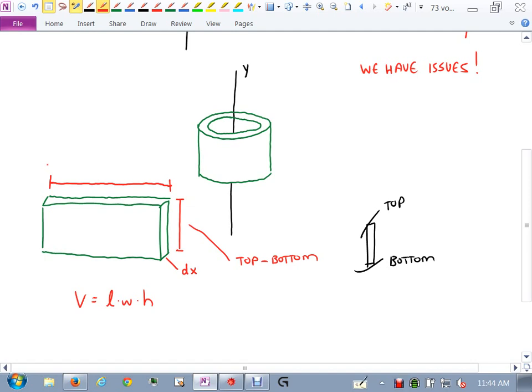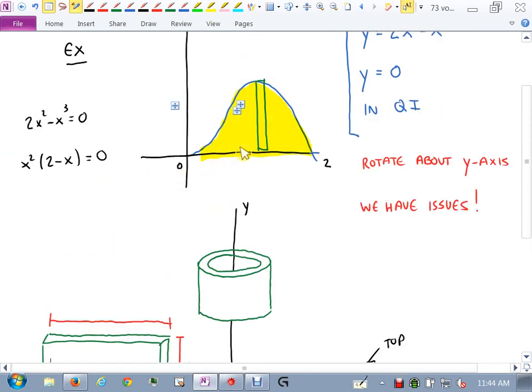We have to be extremely careful here, though, because our circle was created by taking this and rotating it around the y-axis, right? So the radius of this circle is actually the distance from here to the rectangle. Remember when we integrate with respect to x, we have two limits of integration, a and b. We start at a and move across to b, and we have an infinite number of rectangles in there.